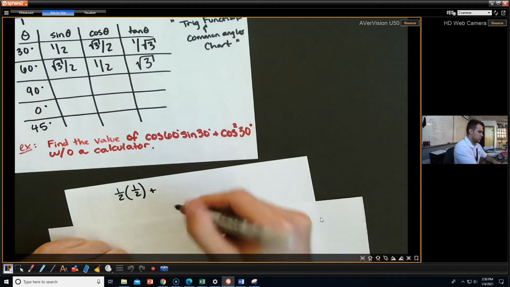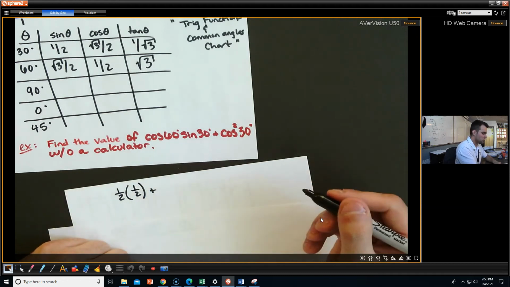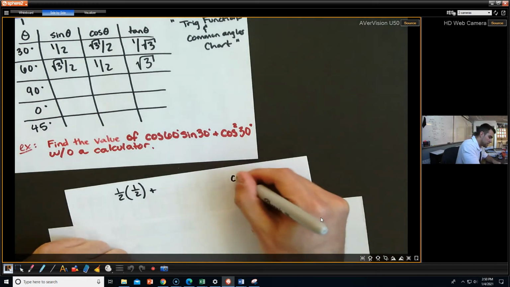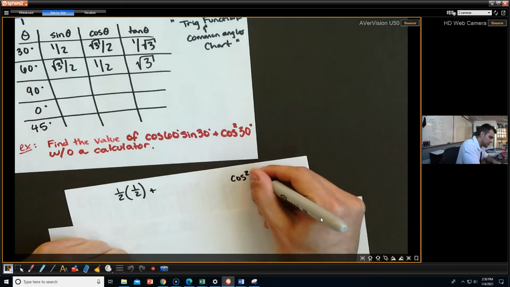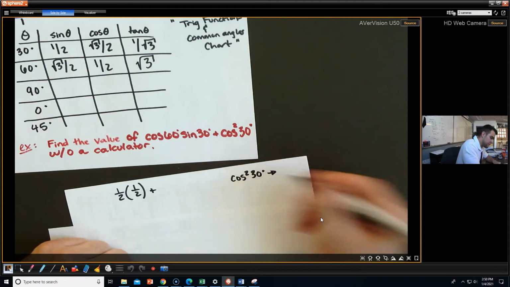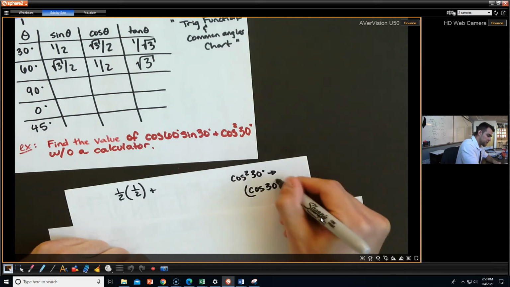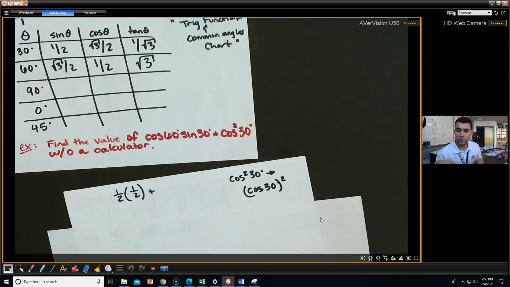Plus, we have this cosine squared of 30 degrees. Now, I want to make this very clear. Cosine squared of 30 degrees is the same thing as cosine 30 degrees, quantity squared. So we have to do cosine of 30 and then square it, okay?